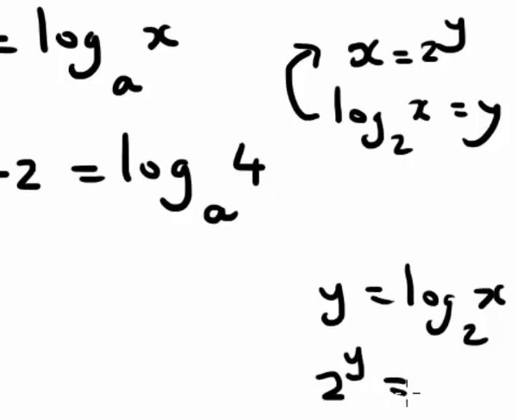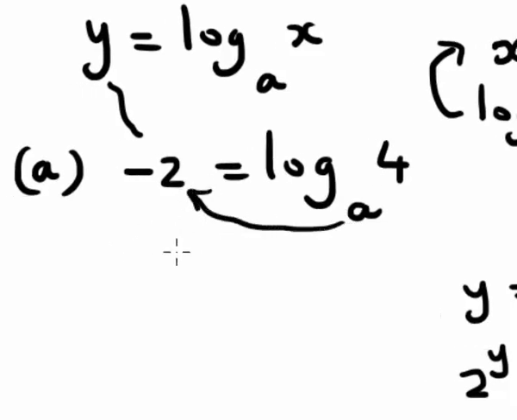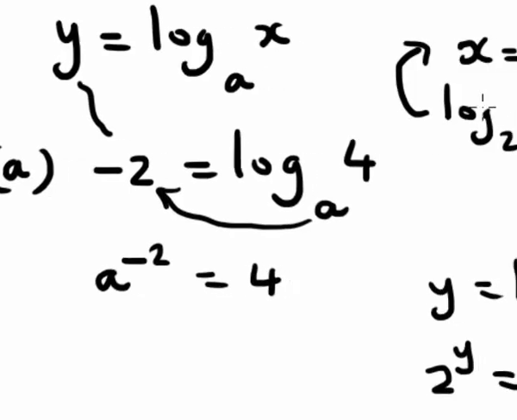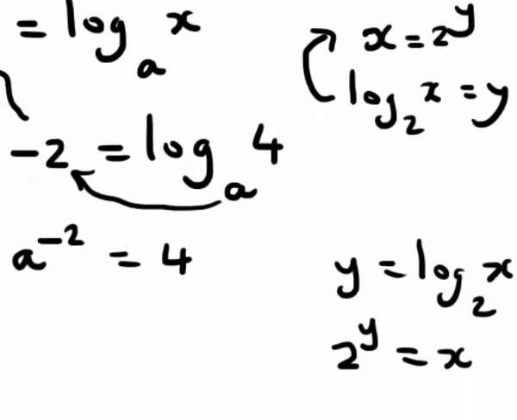You see that there? So you get it back into this form. So what we do with this, if we remove the log, the a pushes the negative 2 up, so you get a to the negative 2 is equal to 4. Remember, if x is 2 to the y, then log x to base 2 is y as well. It's almost as if the 2 is gone and become a base on the other side. If you've got this here, what do we do? This is the base, so we move it up and push the y up. 2 to the y equals x, and that's exactly this. So once we've removed the log, no problem.